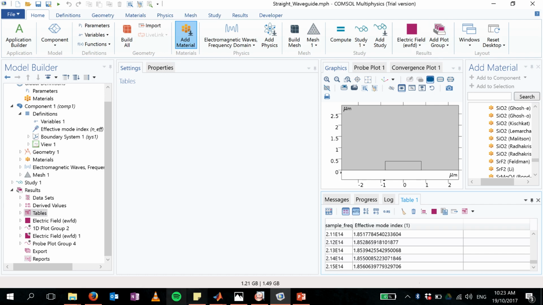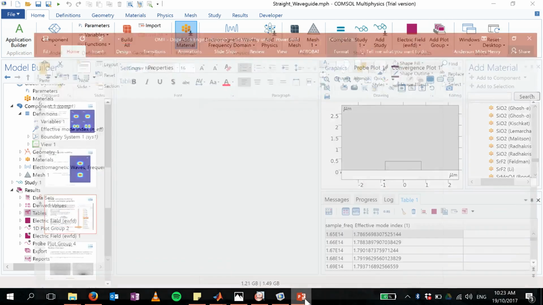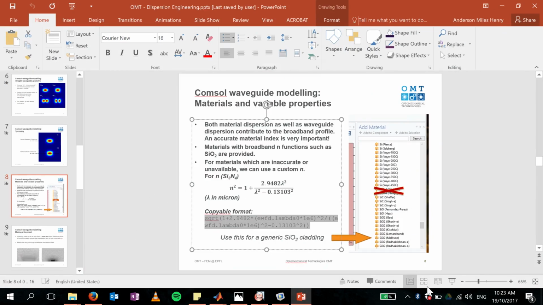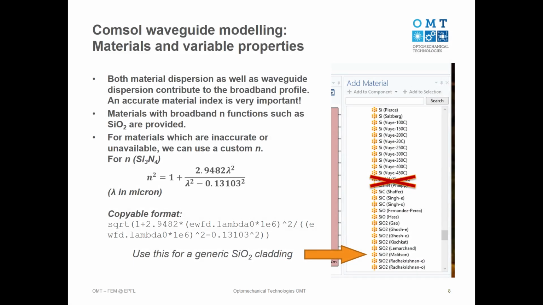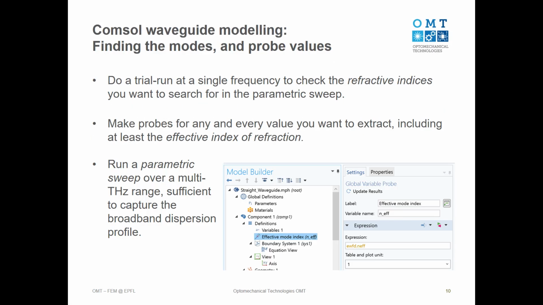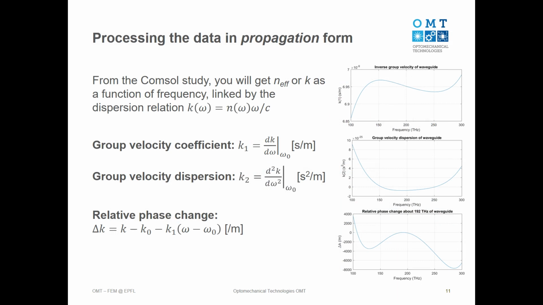But basically the idea is, and I'll return to the slideshow, the propagation constant is linked to the frequency by that kind of relation, the dispersion relation, and we can find the group velocity coefficient.